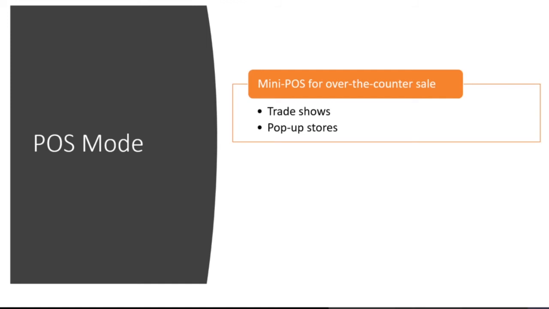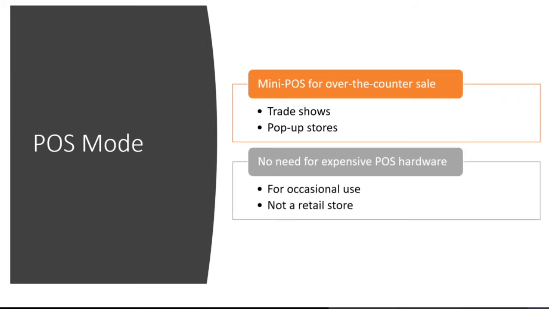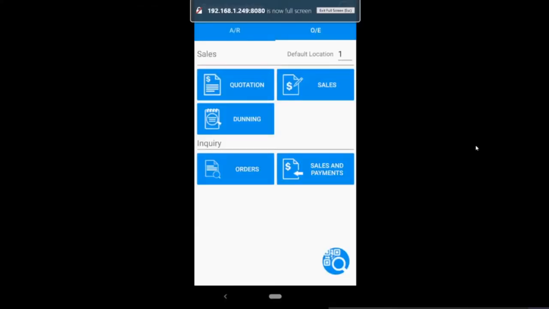So if a Sage 300 customer needs to go to trade shows once in a while and sell goods there, or maybe open up pop-up stores for a short period of time inside a shopping mall, for example, and does not want to invest in expensive POS hardware, because those things are expensive, and if they are not using them, like in a retail store, only for occasional use, then I think Sales Anywhere is actually perfect if they use it in this POS mode.